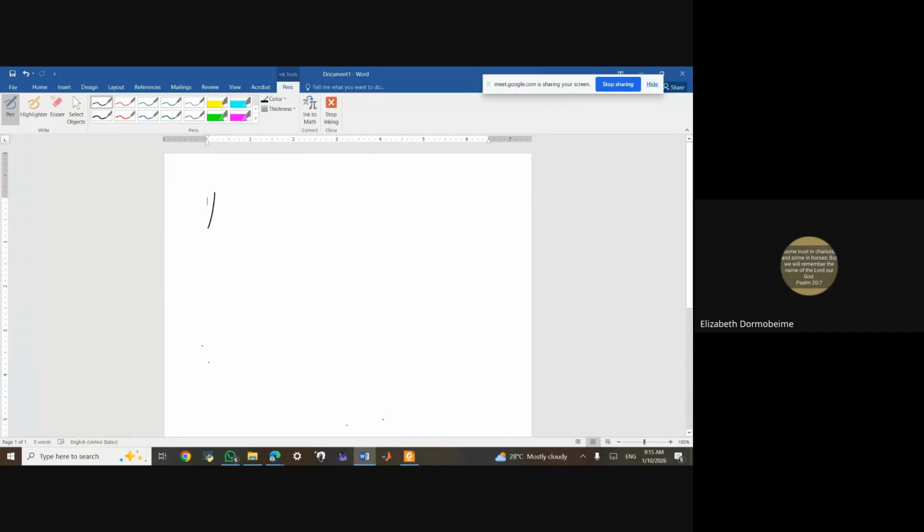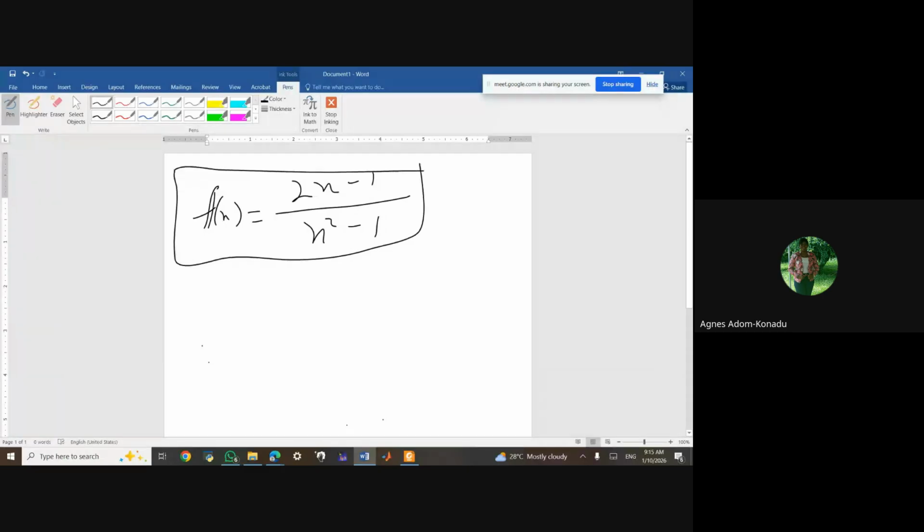Okay, so if I have f of x equal to 2x minus 1 over x squared minus 1, to find the domain of this function, we are talking about the values of x that will make this function defined. Every value of x that makes this function defined is in the domain.